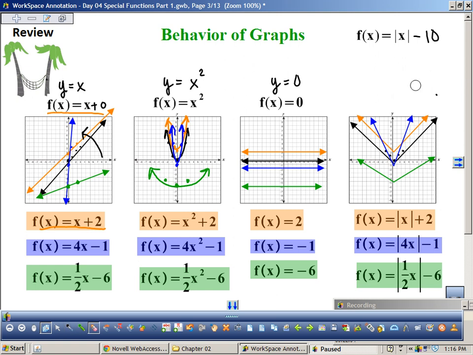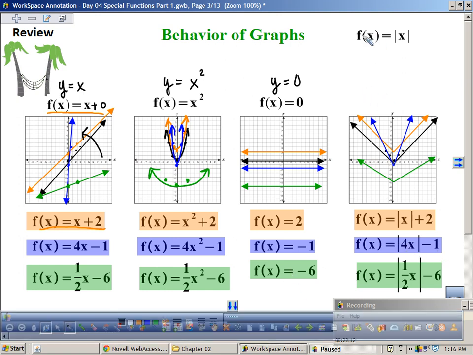Okay. I'm going to plot some points for you because this is really important for you to understand. So let's look at the skinnier one, the 4x minus 1. If I were to substitute x in, let's make x 1. So 4 times 1 minus 1. 4 times 1 is 4 minus 1. The absolute value of 4 minus 1 is 3.